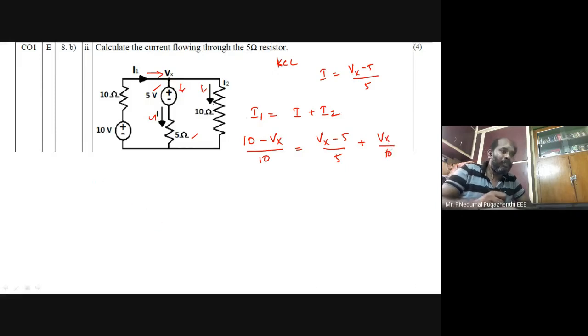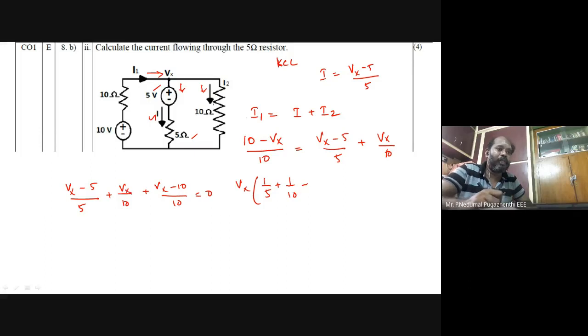So if I solve that, if I take Vx on this side, we will get Vx minus 5 divided by 5 plus Vx by 10, plus Vx minus 10 by 10 is equal to 0, which implies Vx is taken common: 1 by 5 plus 1 by 10 plus 1 by 10, and you will have minus 1 minus 1 is equal to 0.